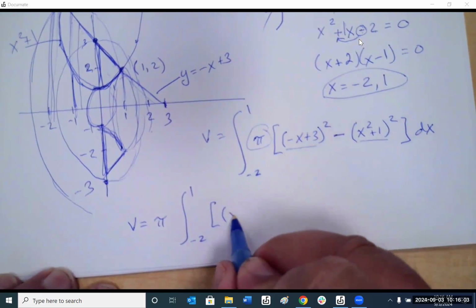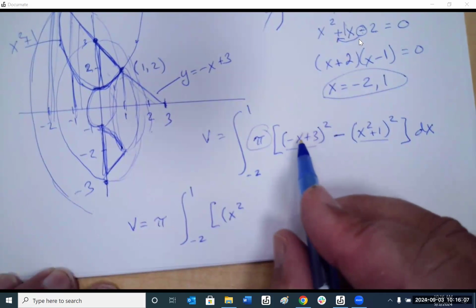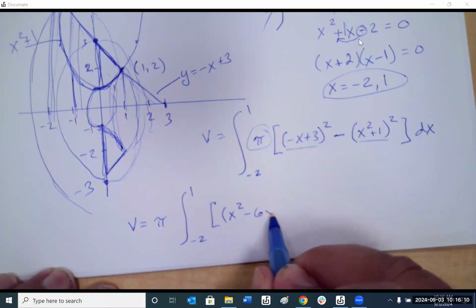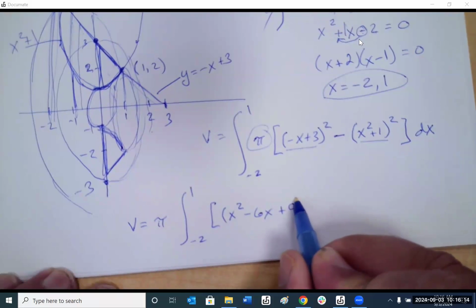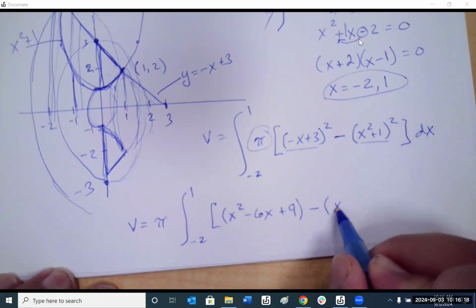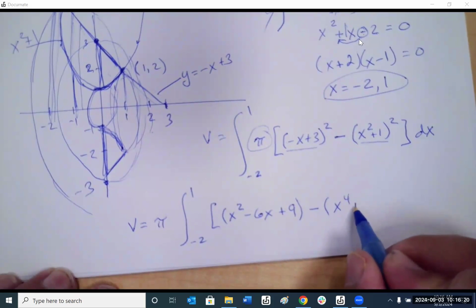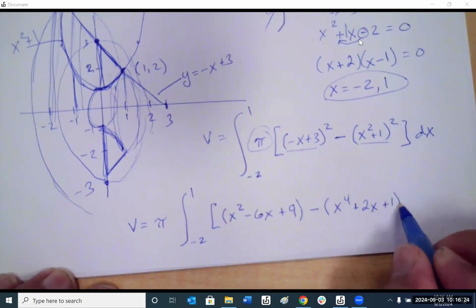Negative x is x squared. Negative 3x is negative 6x plus 9, minus x squared is x to the 4th plus 2x plus 1.